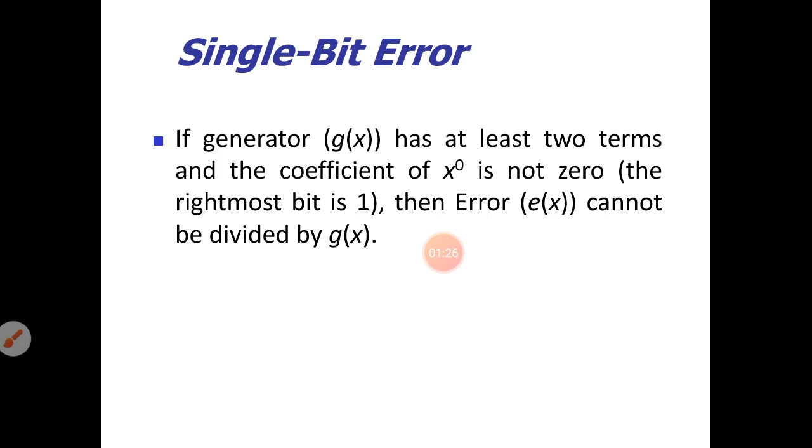How we can represent the single bit error in polynomial form, how we can represent the burst error in polynomial form, and how we can represent two isolated errors or two single bit errors in polynomial form, and what generator or divisor we need to use so that we can easily detect those different types of errors. That we will discuss.